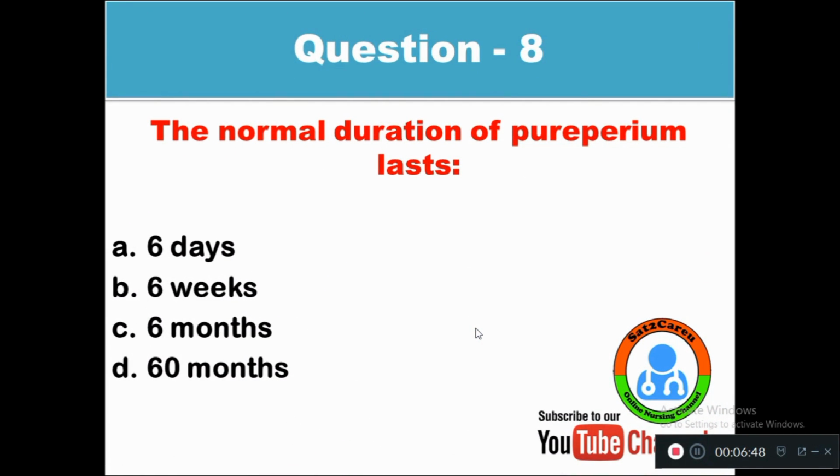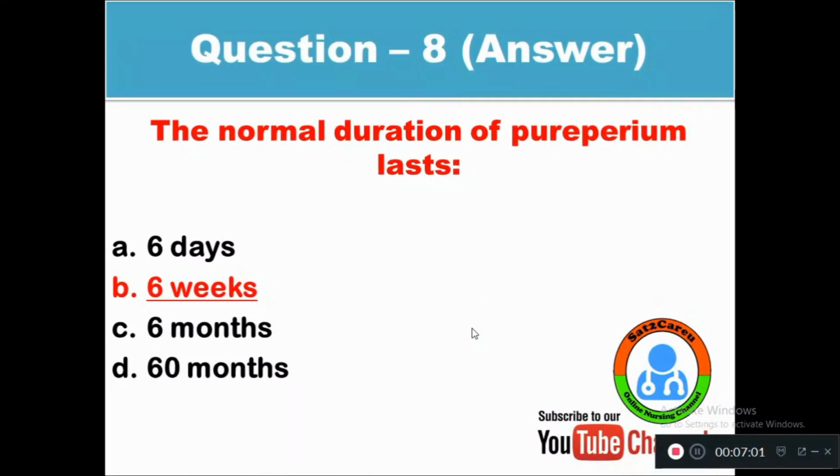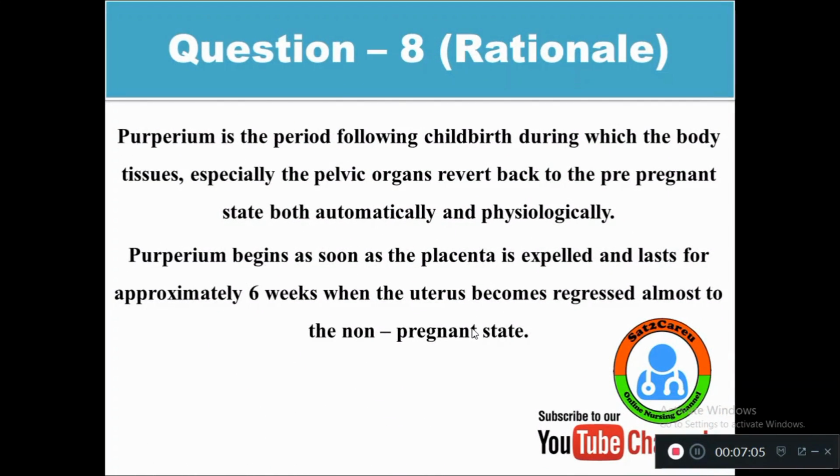Question number 8. The normal duration of puerperium lasts for: option A, 6 days; B, 6 weeks; C, 6 months; and D, 60 months. The right answer here is 6 weeks. Let's see the rationale.